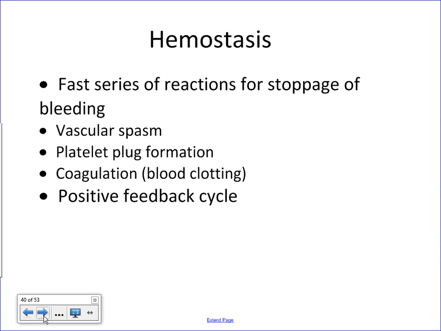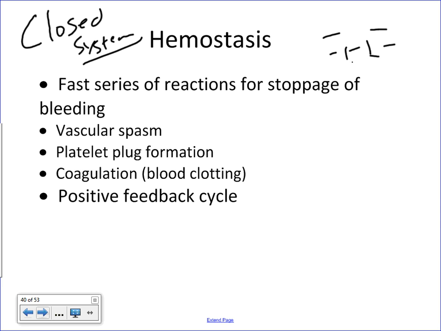Now, one thing you have to bear in mind is that the circulatory system is a closed system. Okay, I know I've said this before, but I need to bring this point up again. It's a closed system, meaning that we should not be losing blood. Even though fluids leak out of capillaries into tissue spaces, the plasma, that water, is drawn back in.